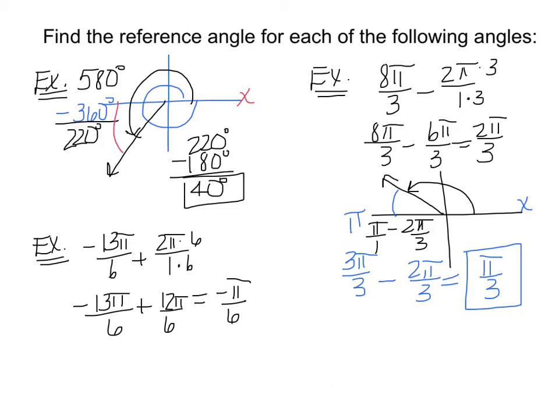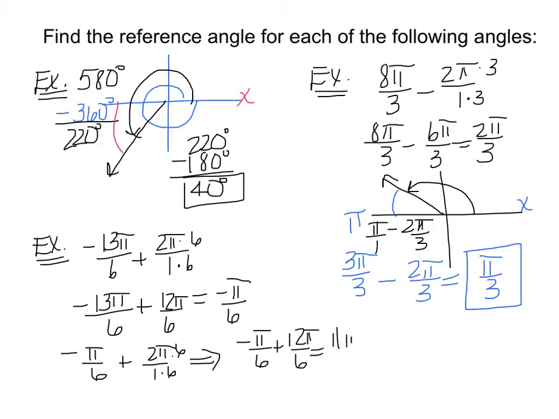So that means we have to do it again. Which would be negative 1 pi over 6 plus 12 pi over 6 gives us 11 pi over 6.